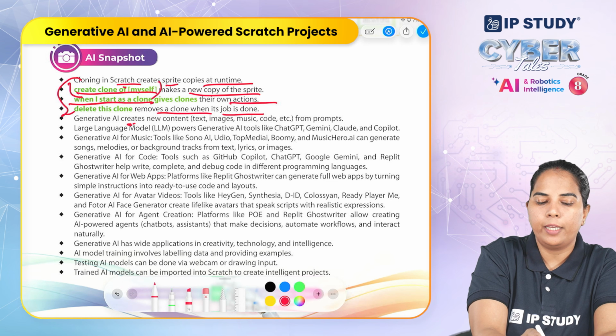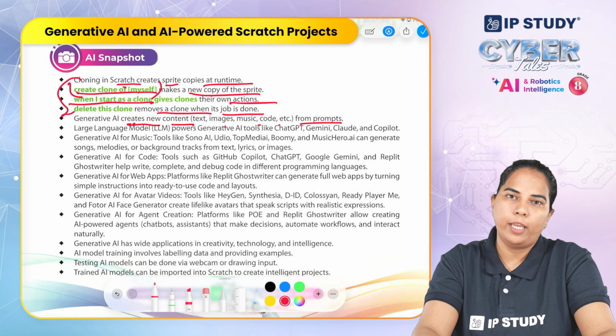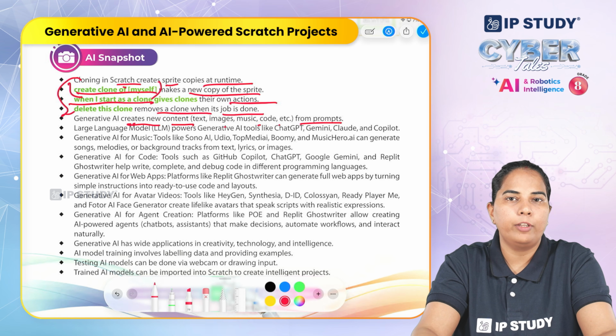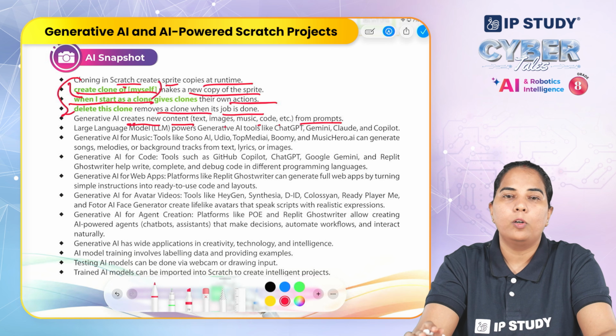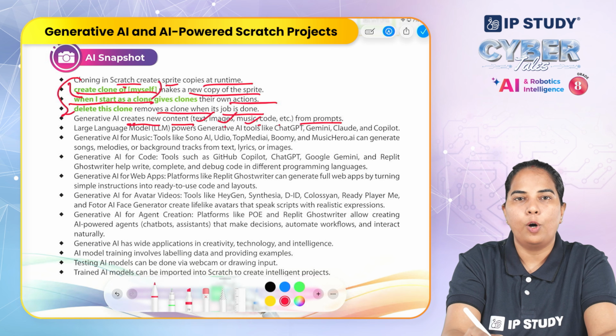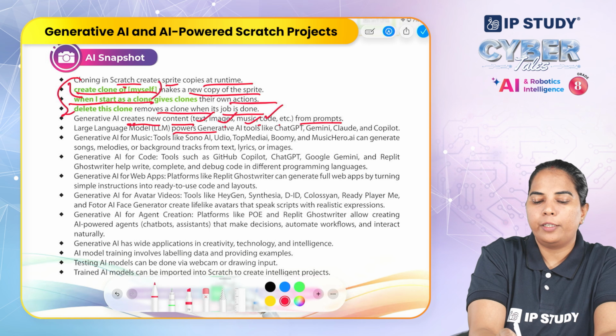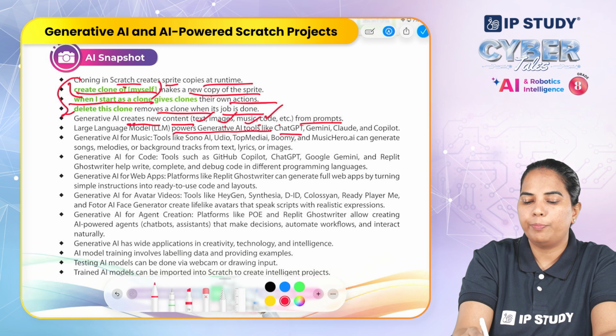Generative AI creates new content, text, images, music, code, etc. from prompts. We have seen that generative AI can be used to create content in the form of text, images, music, or code. We have seen LLMs power generative AI tools like ChatGPT, Gemini, Claude, Copilot.